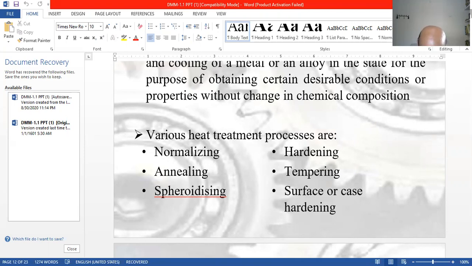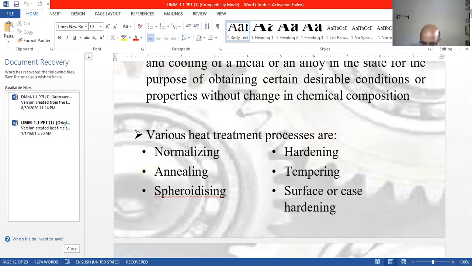For this purpose we use spheroidizing, and this operation generally consists of heating the steel slightly above the critical temperature, which I told you is 730 to 770 degrees centigrade.